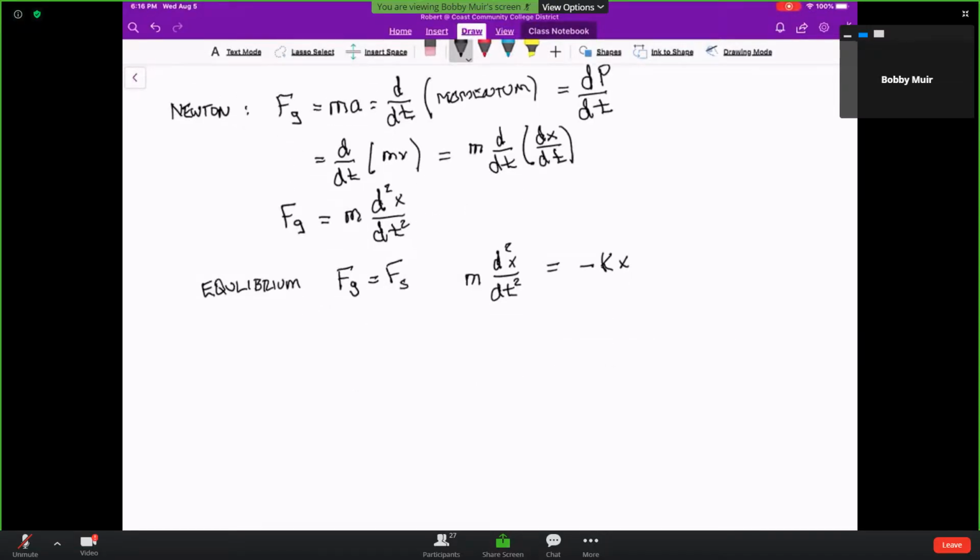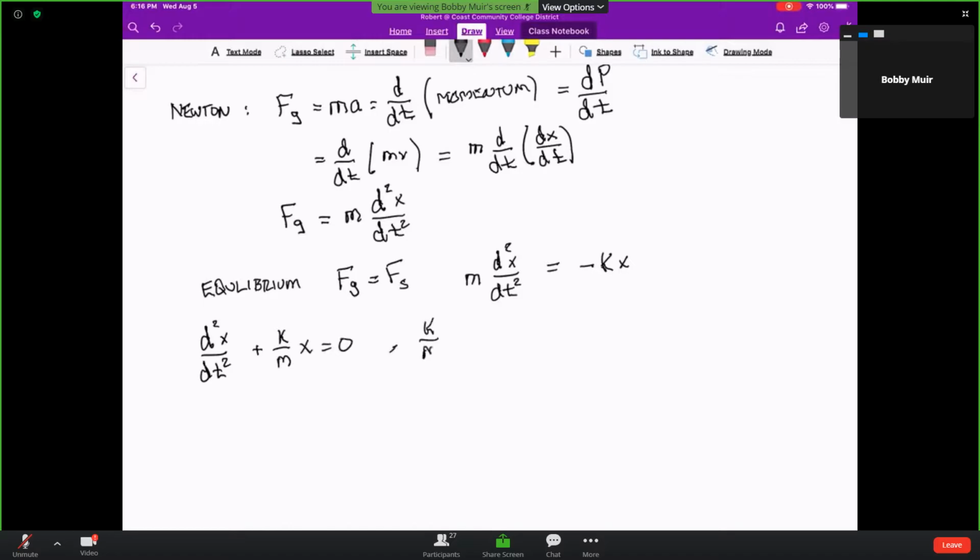And if I reorganize this, divide through by some stuff, we get d squared x/dt squared plus k over m x equals 0.